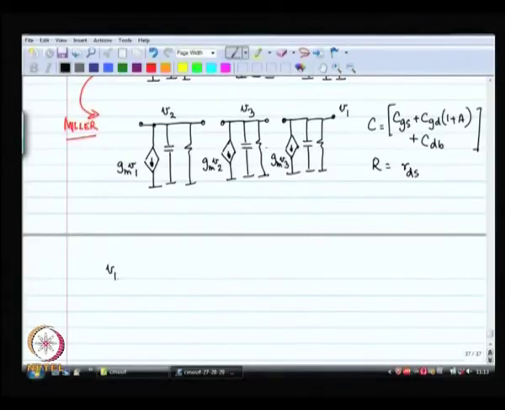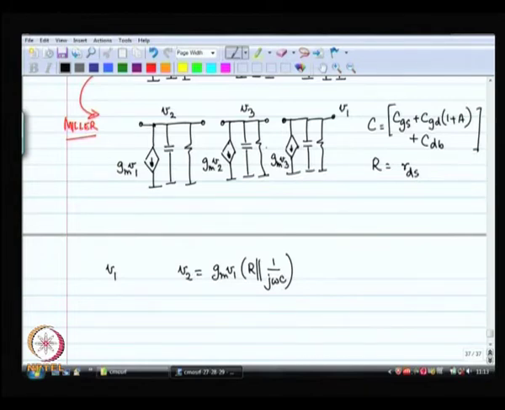So, if I have got V1, then V2 is equal to GM times V1, this is the current, times the impedance. The impedance is really R parallel 1 by j omega C. Okay.